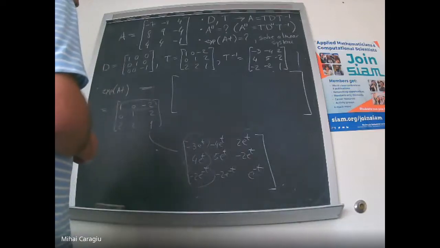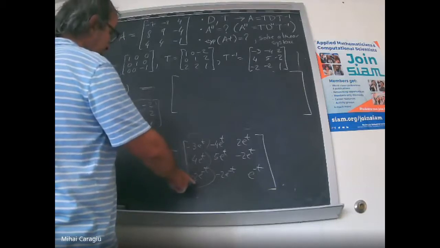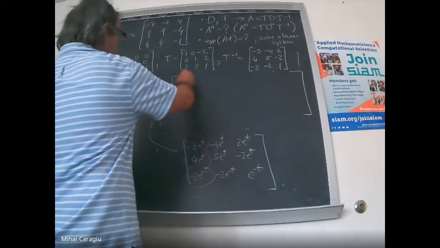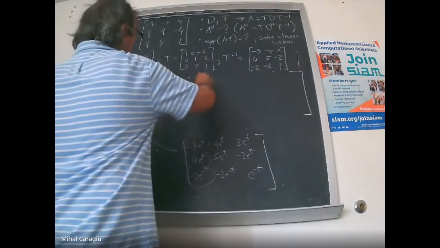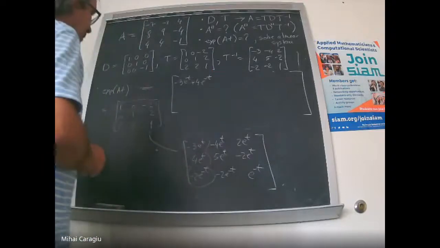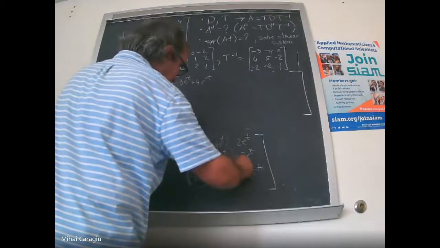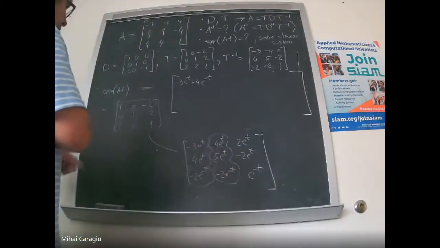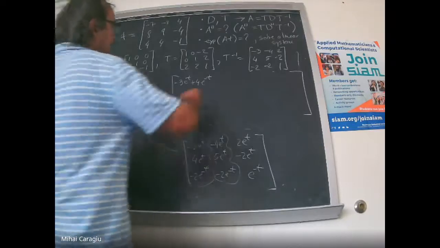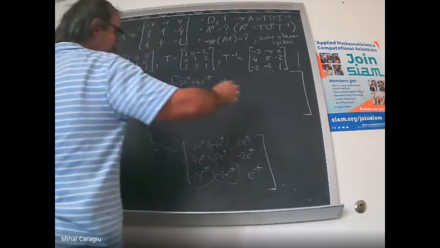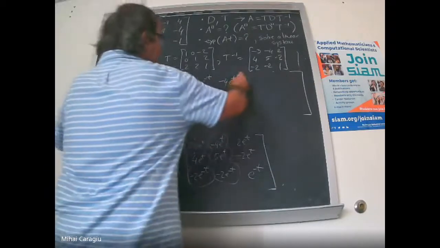We'll get minus 3 e to the power t plus 4 e to the minus t. Okay, for second: minus 4 e to the power t plus 4 e to the minus t.